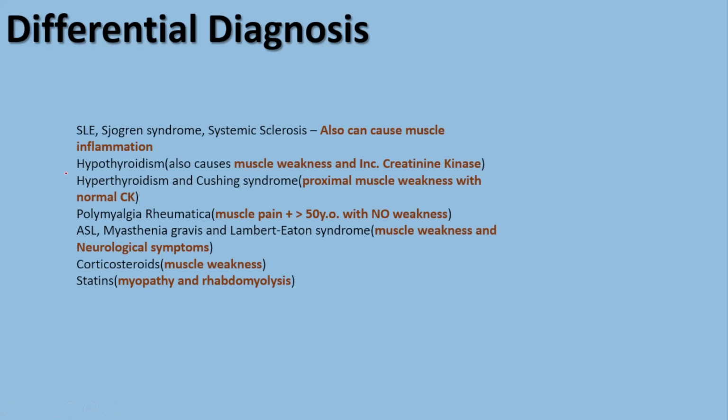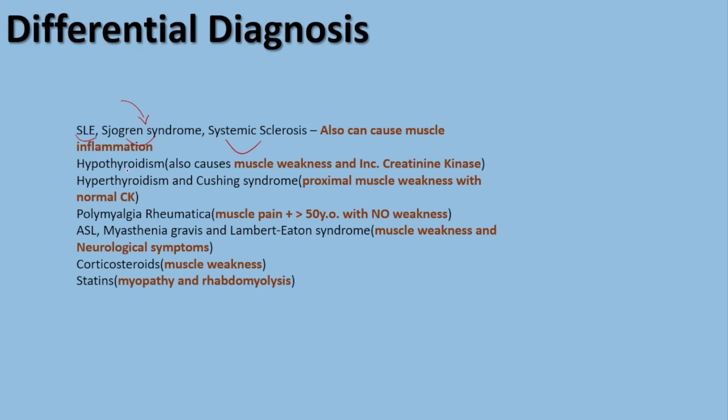So from systemic inflammatory diseases, lupus, Sjogren's syndrome, and systemic sclerosis can also cause muscle inflammation. So if you are suspecting these diseases, you have to search for other symptoms that belong to these diseases. For example, in case of SLE or in case of Sjogren, the patient may also have xerostomia and xerophthalmia.